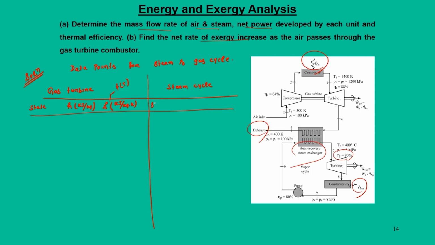For the steam cycle, we have to use steam tables to calculate enthalpy and entropy, because we all know the conditions of operation, pressure and temperature, either saturation pressure, temperature, whatever may be. Based on that we can find out this data table.